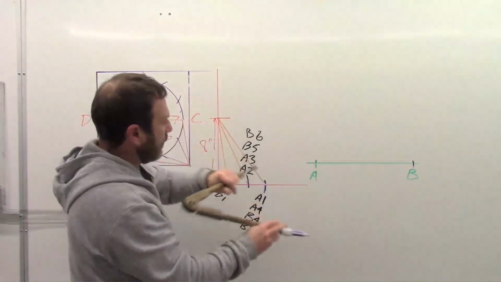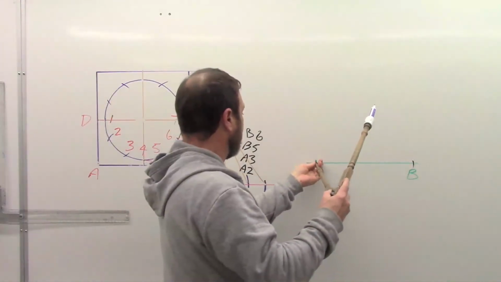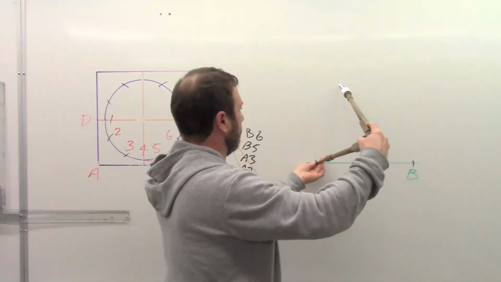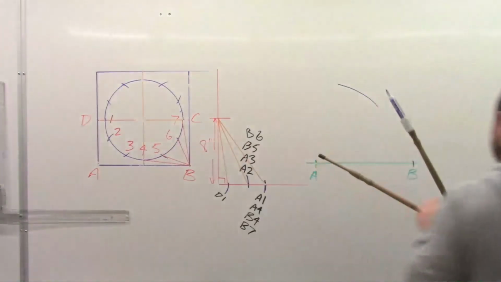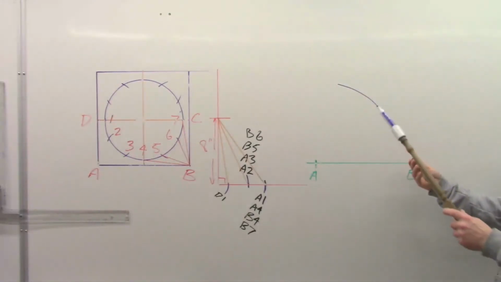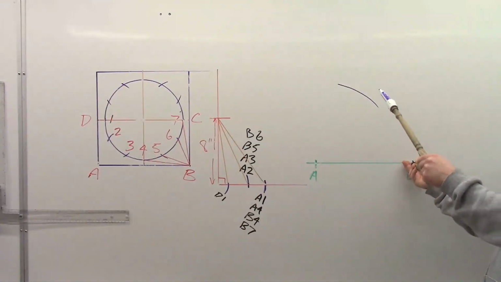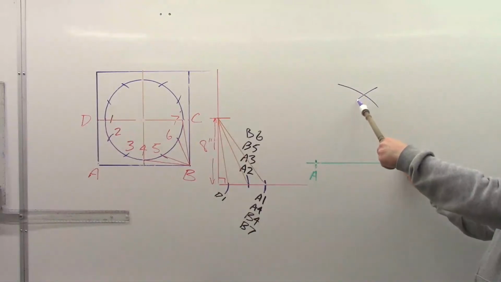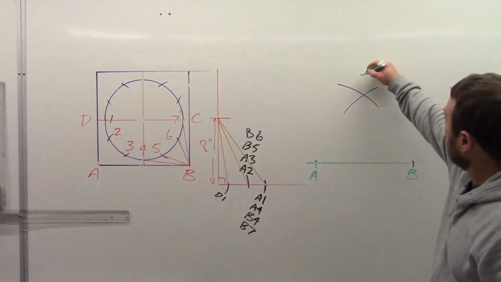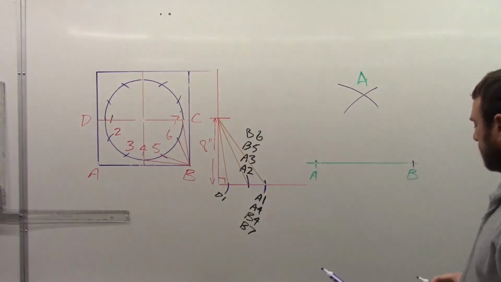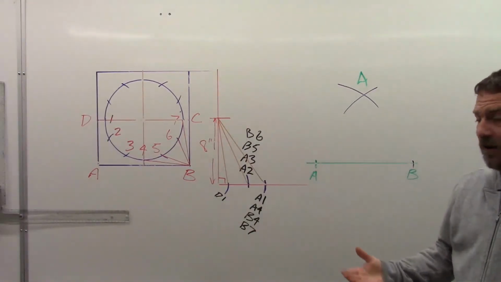And there we go, A4 from A. Same distance because these ones happen to match, right? And B4 from B. That now creates point 4. So we created our unknown.